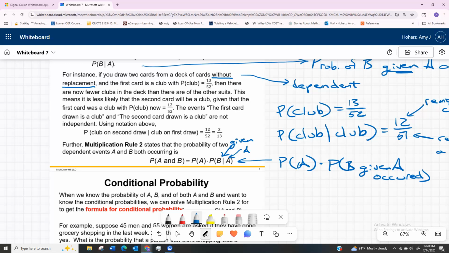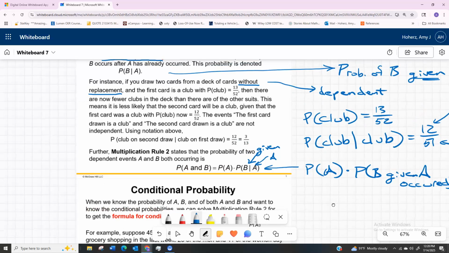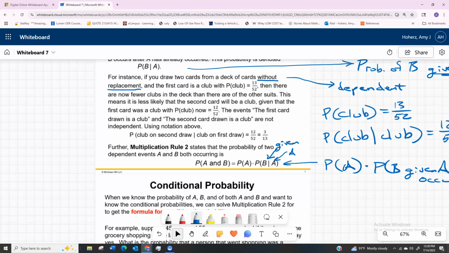So if we wanted to know the probability of getting a club and then a club, so not just each of those independently, but the overall probability of those two events occurring consecutively, we would have to do probability of a club times the probability of a club given that we've already drawn out a club.